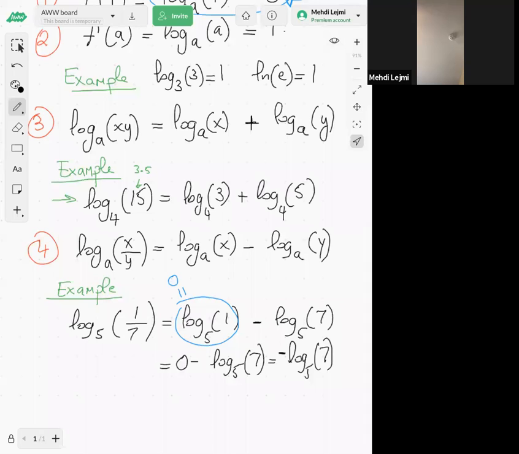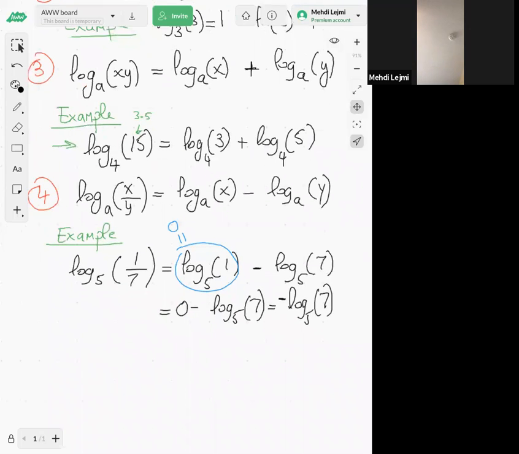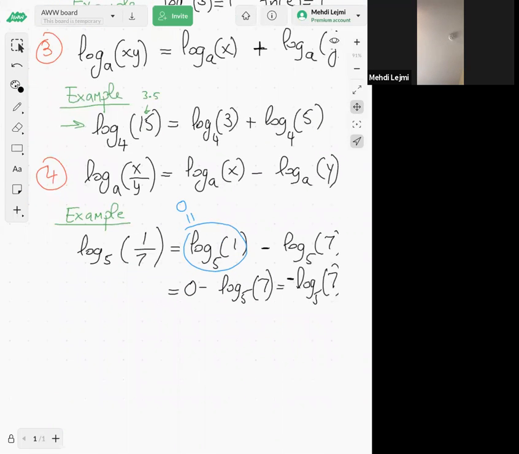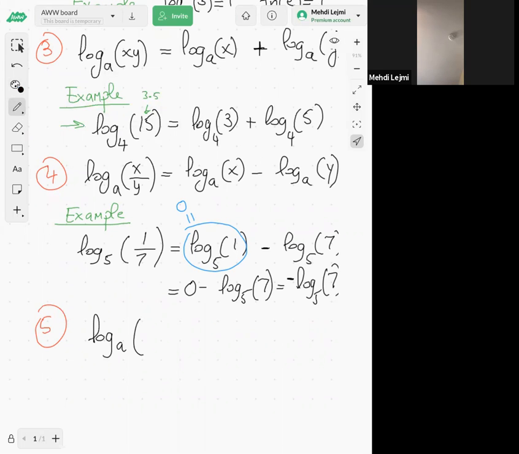All right. And last, and also a very important property of the log, number 5. If you have log in base a of x to the power b, so you have x to the power b, it's like x times x, b times, right?